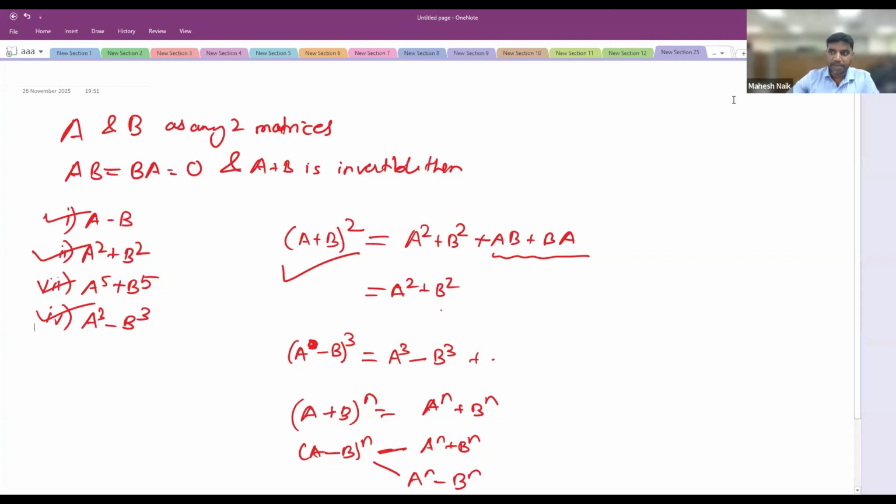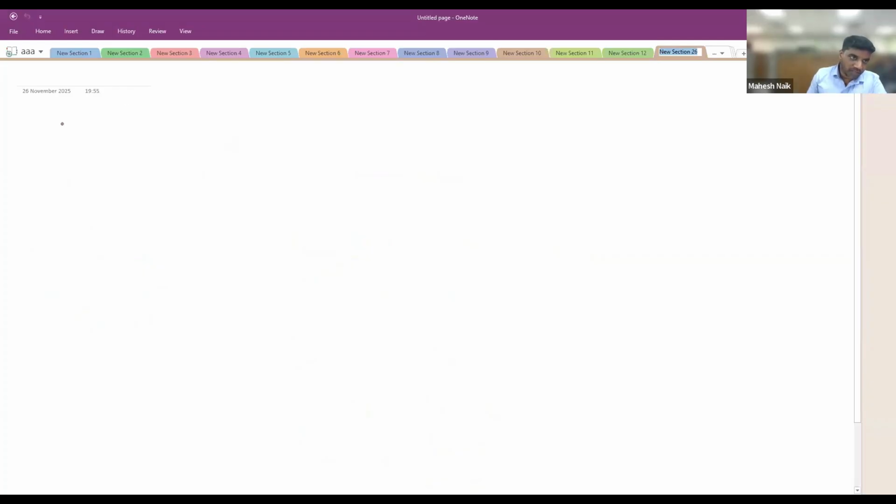Let's look at a theorem, one small statement.